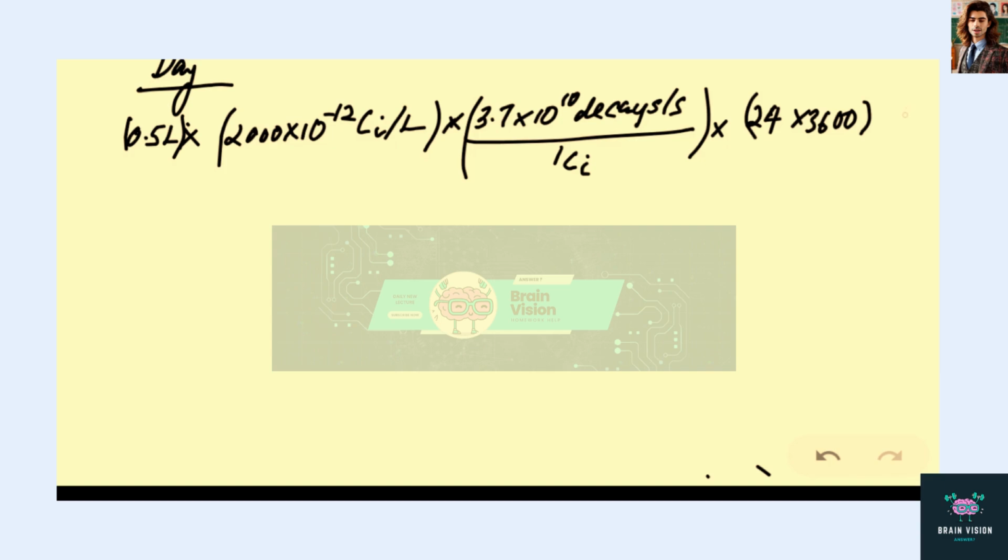But we are given that the milk only stays in the body for 12 hours, so for each day it should be only 12 hours. This will give us a total of 1598 times 10 to the power 6 decays per day in the person's body due to the milk.